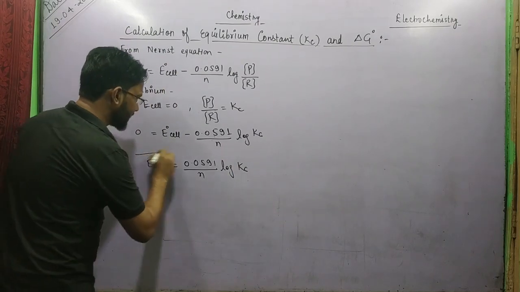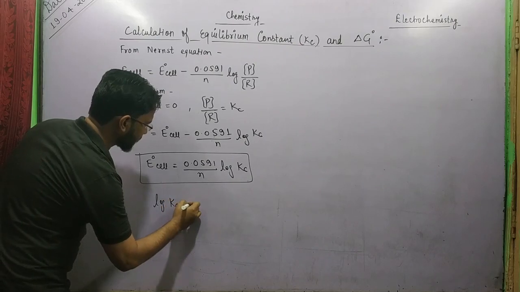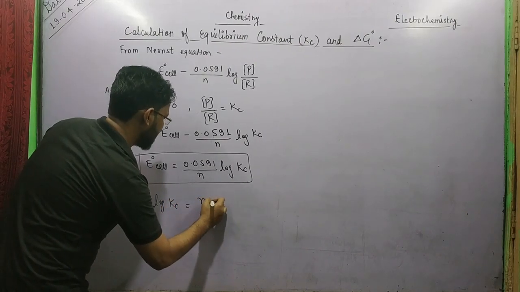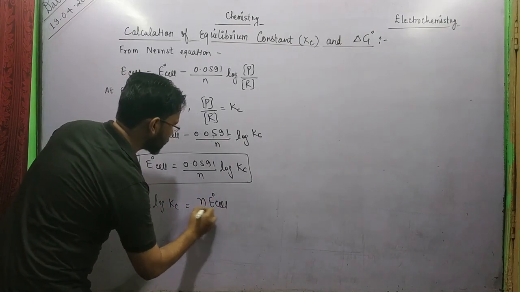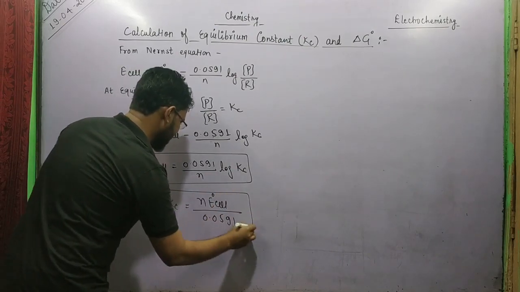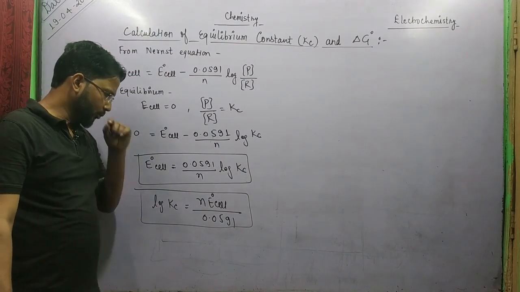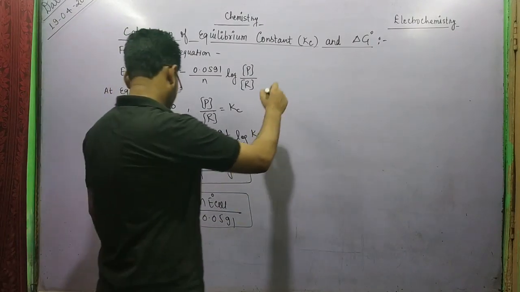And the value of Kc means log Kc equals n E naught cell over 0.0591. So log Kc equals n E naught cell over 0.0591.